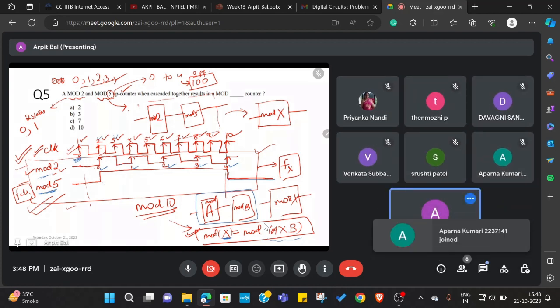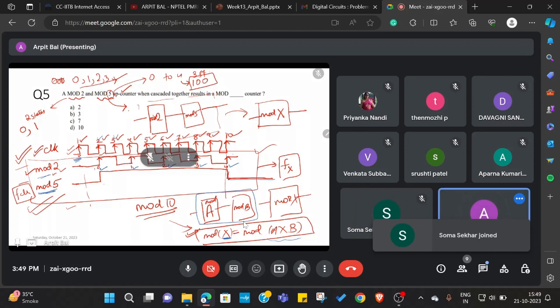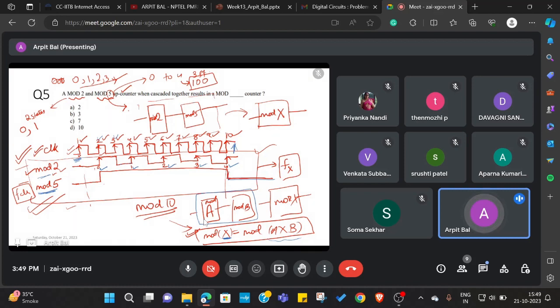If you check how much time 5 clock pulses took in terms of the actual clock pulses from the CLK, it is going to be 10 clocks. So 10 clocks implies that it is behaving as a mod 10 counter. Or else you can simply remember this formula, which will be handy for calculating.